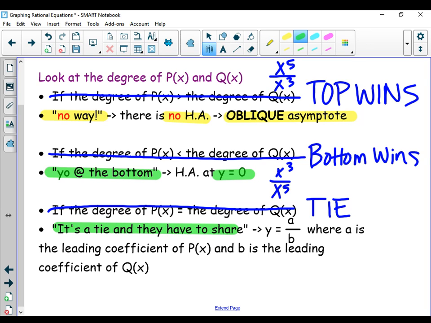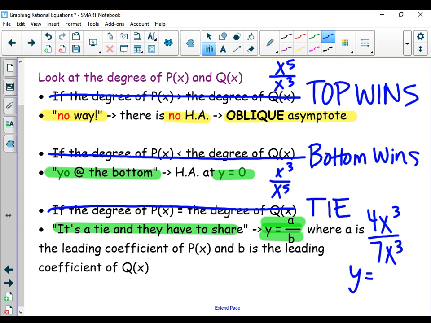Let's say you have 4x cubed over 7x cubed, maybe there's other stuff with it too. Then your horizontal asymptote is just going to be y equals 4/7. You're going to put the leading coefficients over each other. So when it's a tie, they have to share their leading coefficients, and that is your horizontal asymptote.